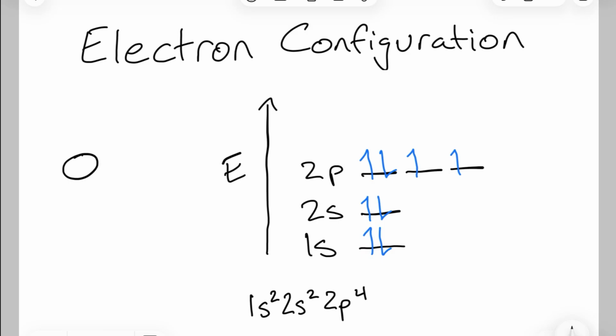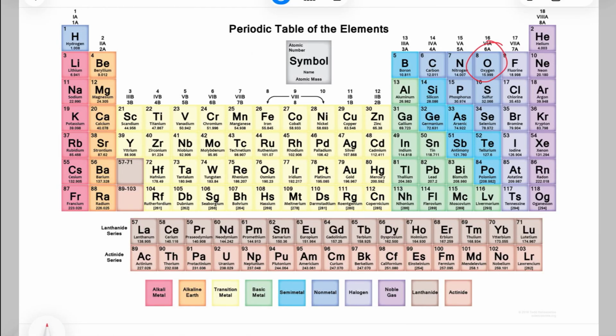So to do that, we're going to look at the periodic table again. Oxygen is right here. And what we want to do is look for the noble gas that is just below oxygen. So if we go all the way back, helium is actually the noble gas that is just before it. Noble gases, again, are all in column number 8, this last column of the periodic table. So helium is right there.